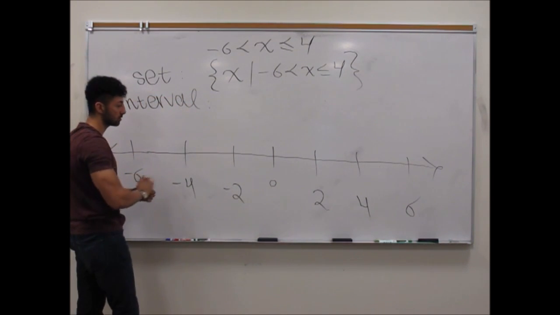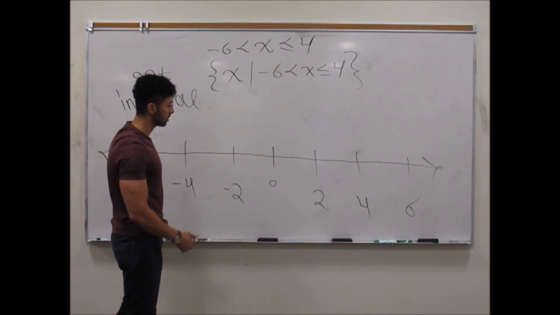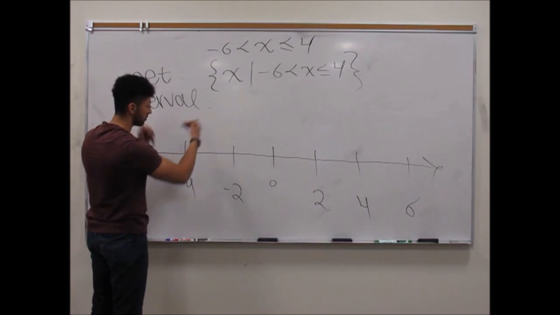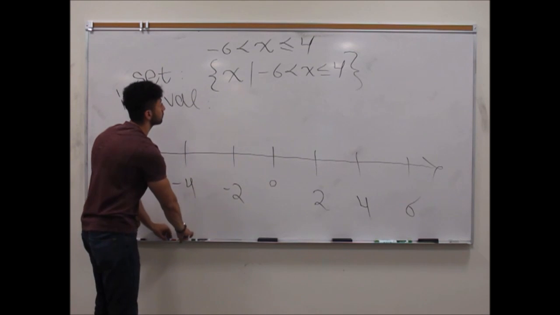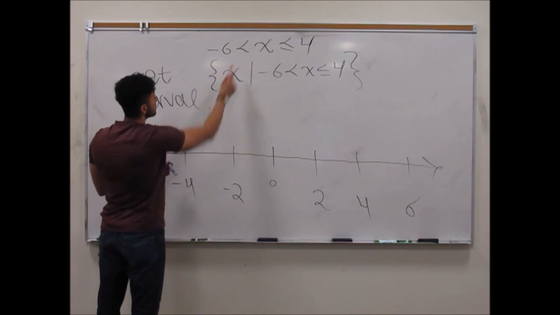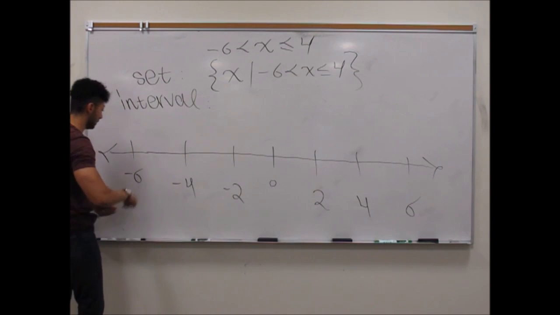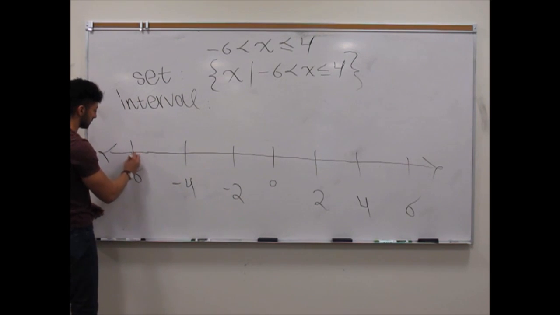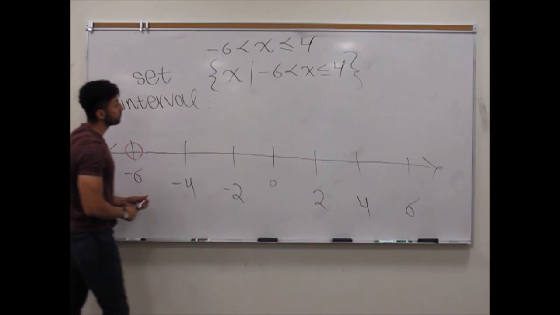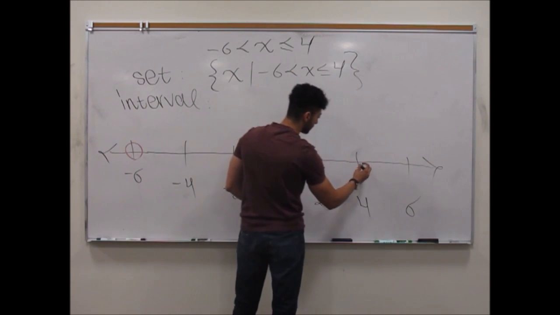Interval notation, let's sketch it first, because sometimes it's better to look at the graph to come up with interval notation. So -6 is not included. Notice I've scaled by 2's. So this -6 is not included. And this 4 here is included.